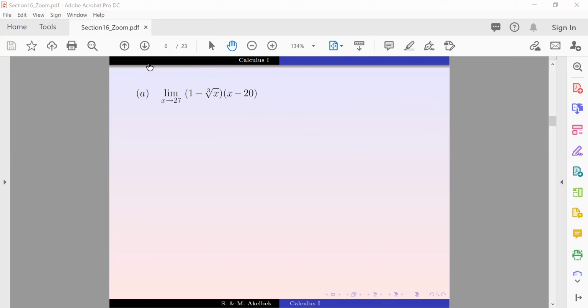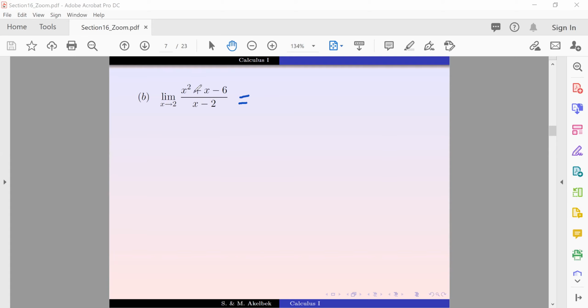Okay, moving on. Example B, please write down the example. We have the limit as x goes to 2 of x squared plus x minus 6 divided by x minus 2. So I'm gonna first substitute.